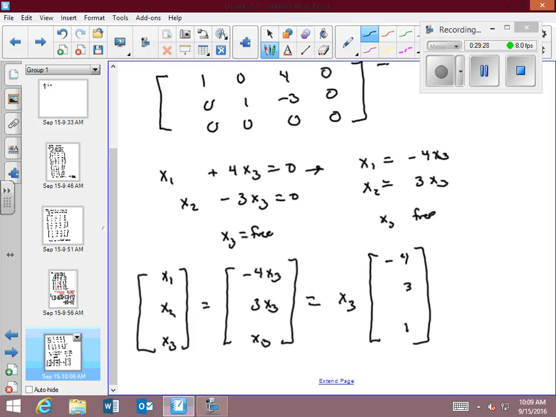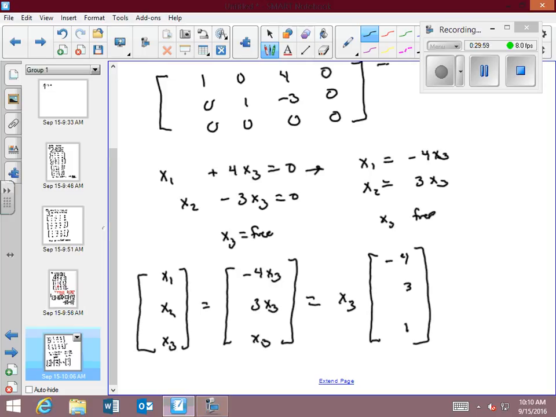So your weight will be whatever you pick x3 to be, times that vector. All right. That's the way they want you to do it. Okay.